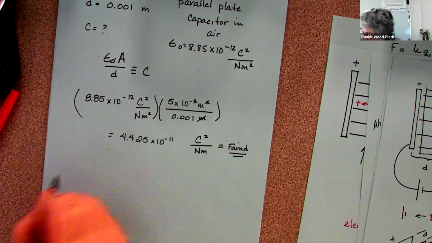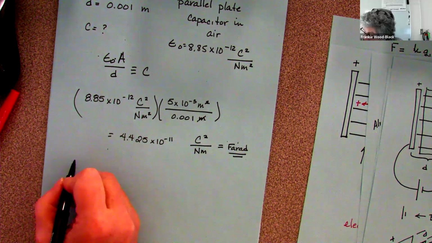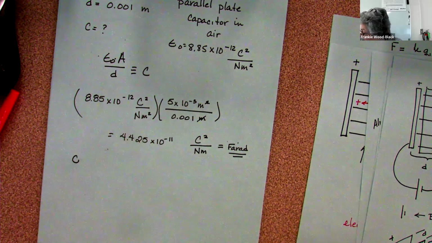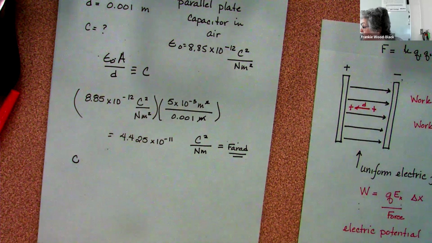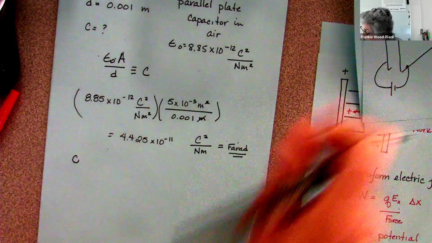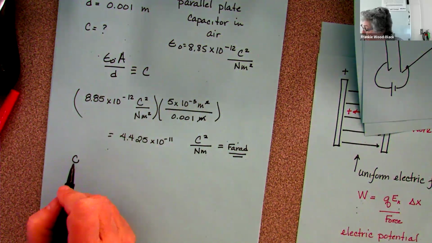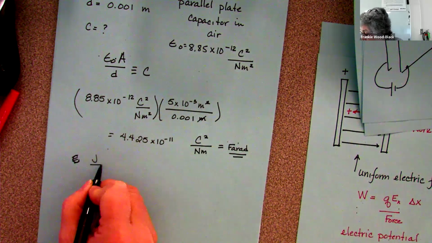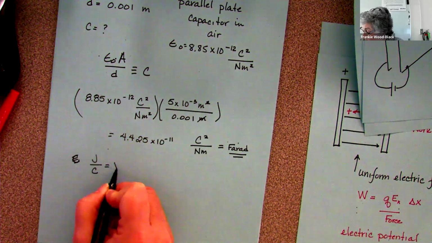Okay, a joule. So I've got a joule or a Coulomb. I've got a joule per Coulomb is equal to a volt.